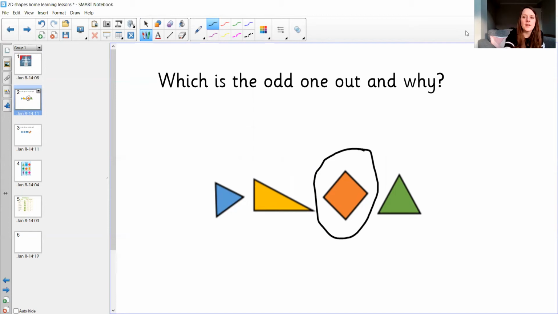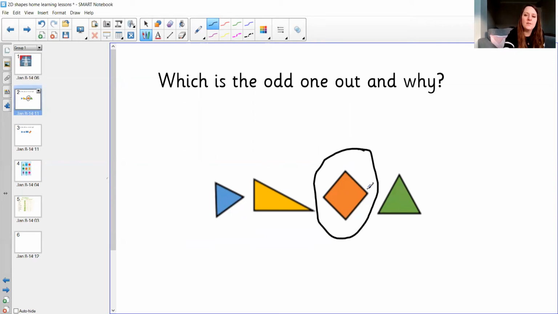I hope you're saying that all the other shapes have 3 corners and 3 sides. So they are all, what shape has 3 corners and 3 sides? They are all triangles. This one here, the odd one out, is not a triangle.